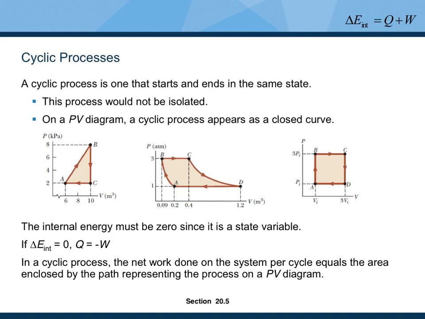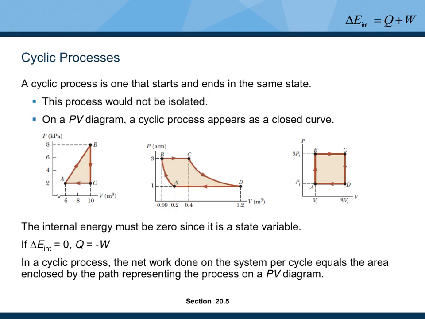Since the internal energy is a state variable, it must be 0 if the system starts and ends in the same state. A state variable means that if the system is at the same state, that means if the gas has the same pressure, volume, and temperature, then it will have the same internal energy.